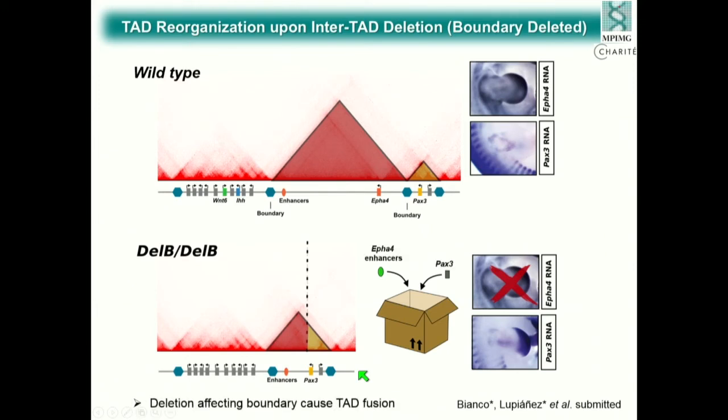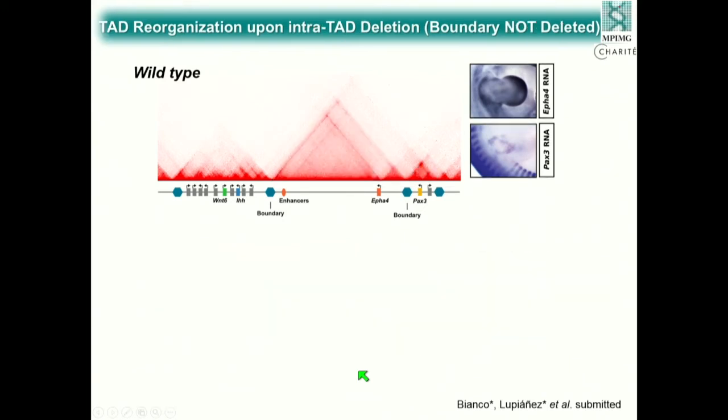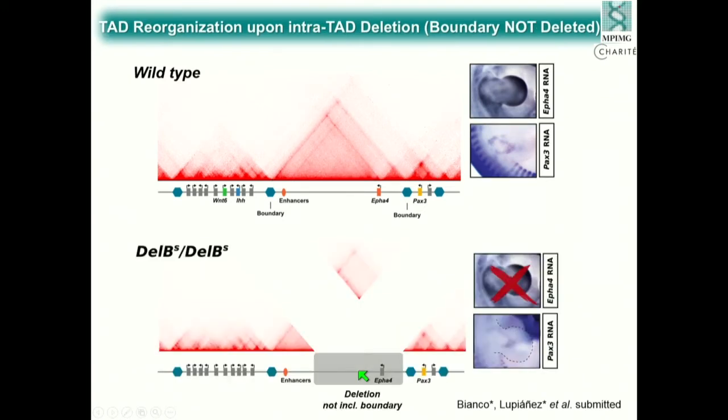Right. As a control, we also produced another type of allele, and this is also something that was very interesting in the field: we produced the same deletion, but we left the boundary element intact. And you can see that when we did that, we didn't see any overexpression of the PAX3 gene.